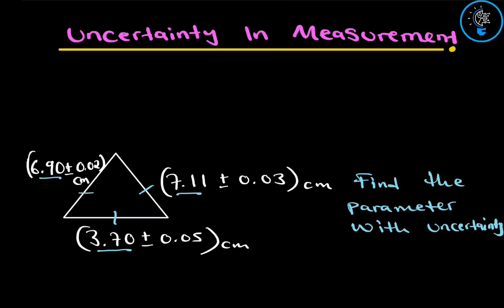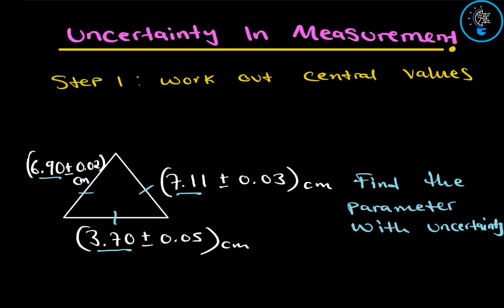Our step 1 should be working out the central values. In this case, we are saying parameter of central values, so we're dealing with the central values, will be equal to, we're going to add all the central values.